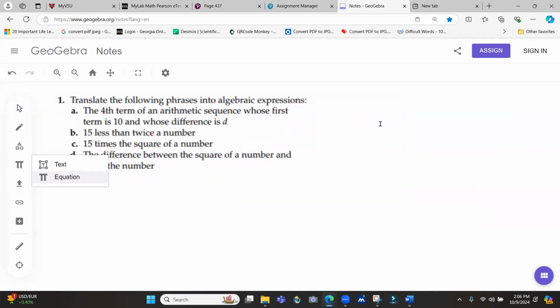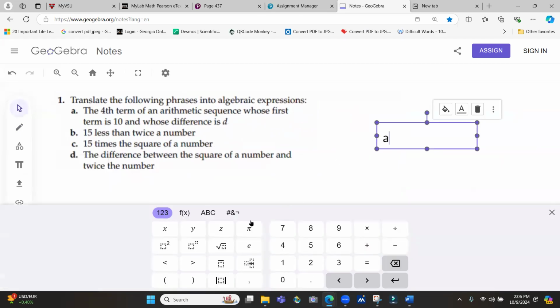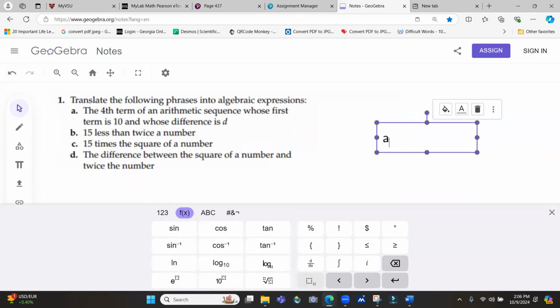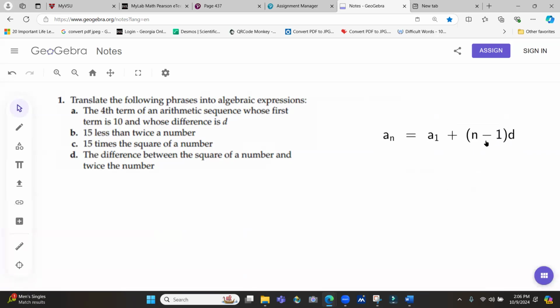The nth term, A subscript n, is equal to A subscript 1, the first term, plus n minus 1 times D. Doesn't matter where you put D. Sometimes I put it up front, sometimes I put it here.